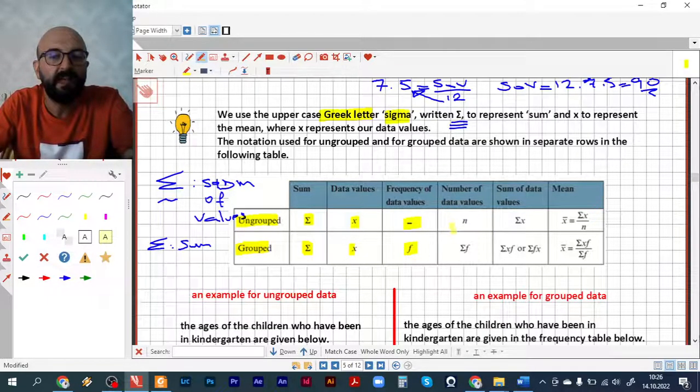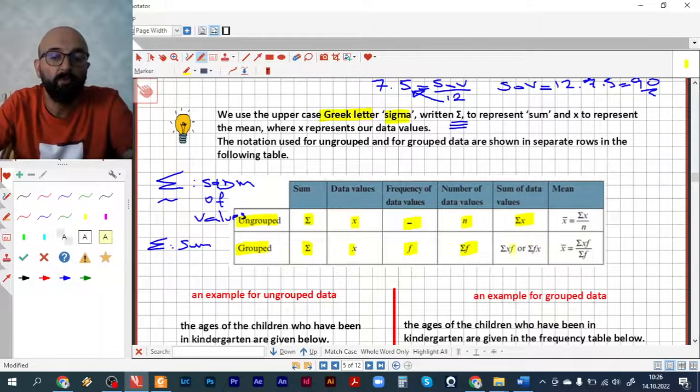The number of data is n for ungrouped data, and sigma f, the sum of frequencies, for grouped data. But in grouped data we should multiply x by frequency, the sum of frequency multiplied by x.